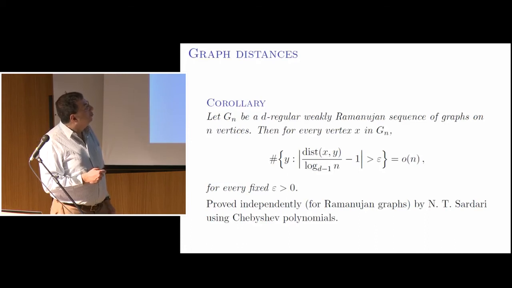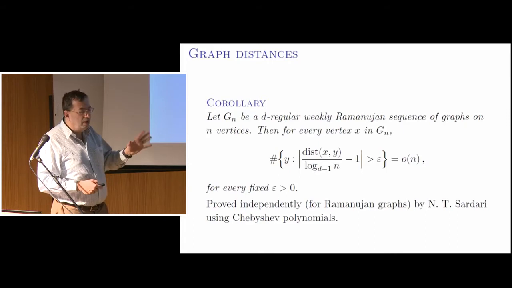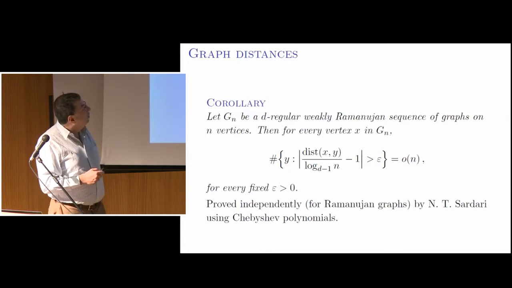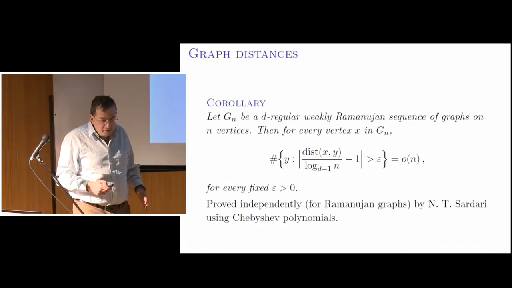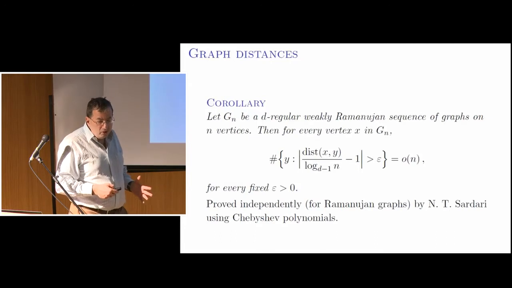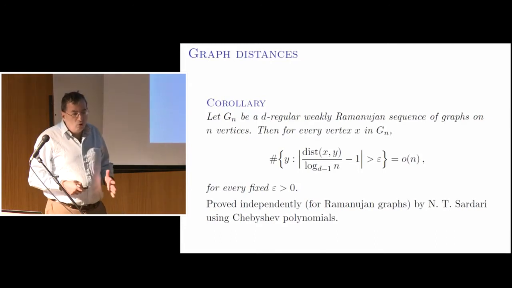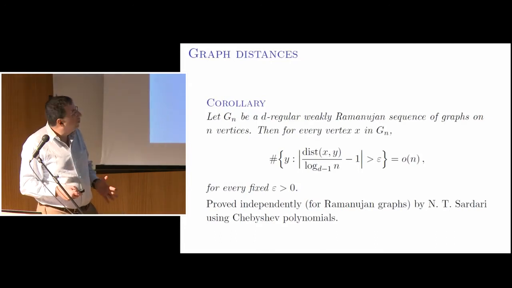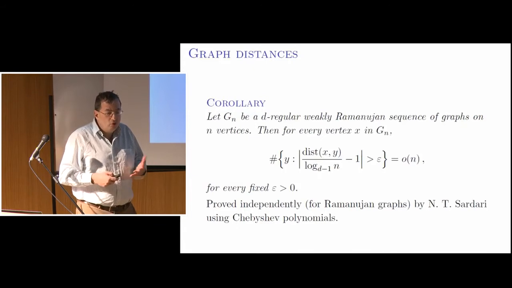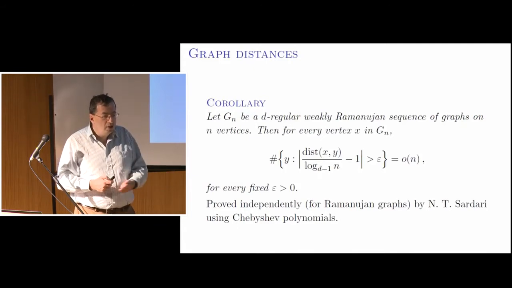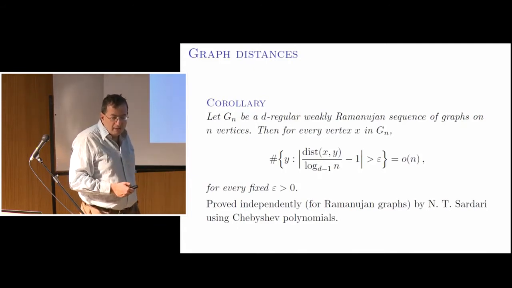So the number of y's so that the distance is not log base d minus 1 of n up to a 1 plus epsilon, this number is negligible, little o of n. So we really have this kind of behavior that is well known for the random d-regular graph holding for all weakly Ramanujan graphs. And this is the consequence of not the theorem I stated before, but its proof, which is based on non-backtracking walks, since non-backtracking walks directly lead to estimates on distances.